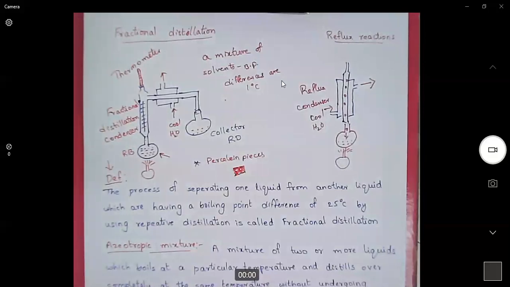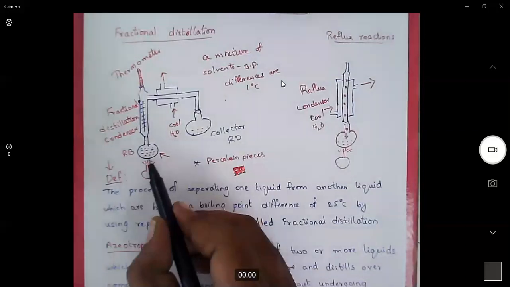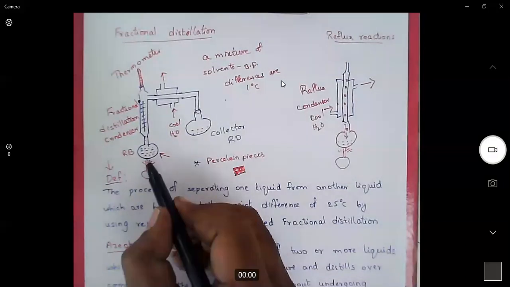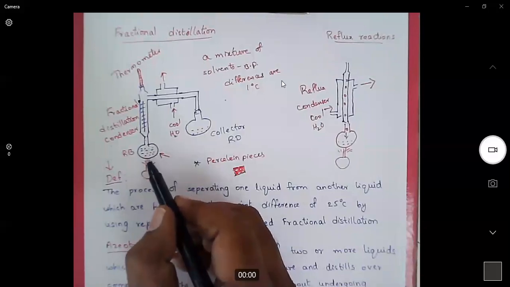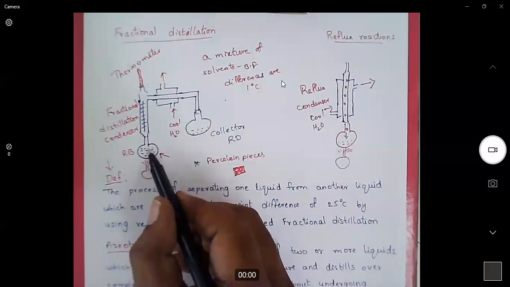Now, when we supply heat, what happens? The bottom molecules will absorb more energy. They will be evaporating faster than the upper layer. So as a result, what happens? Suddenly, we will observe some bumps or some explosions, which will result in improper separation.